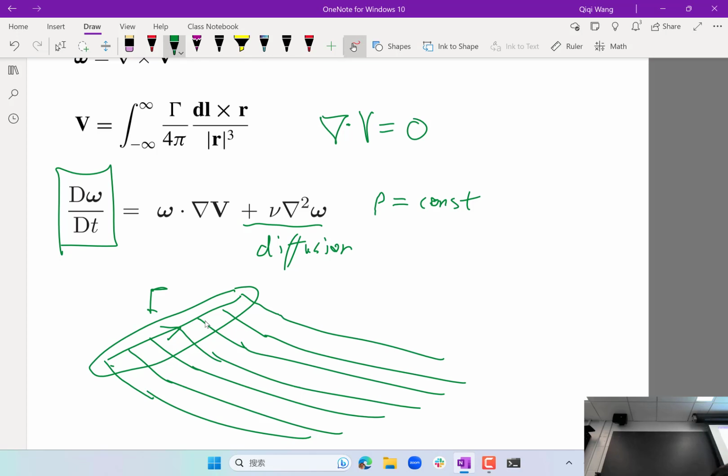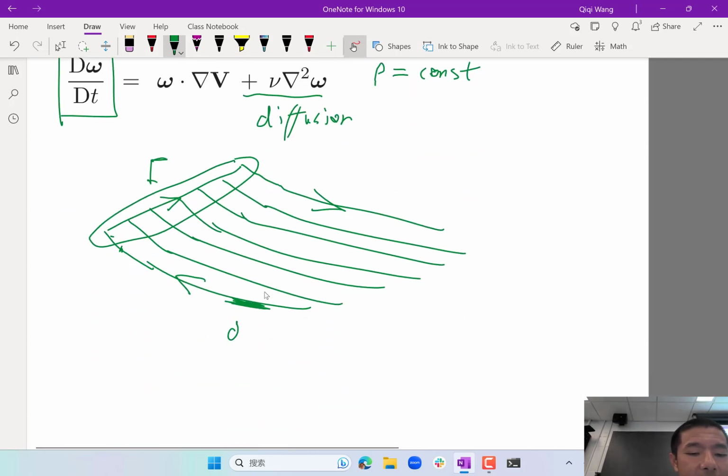Yeah, again, let's draw the direction of the vortex field. The direction is like this. So what is the effect of this segment on this location? Let's say this is dl, and this is my location.